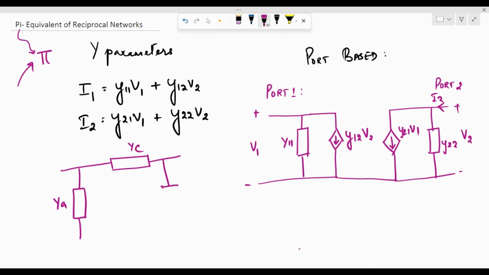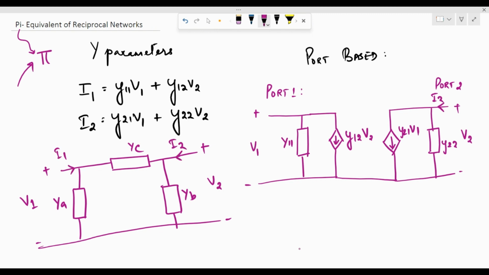And here we are going to have YB, where this is going to be port 1, this is going to be port 2. So this is V2, this is V1. The current entering here is I1 and entering here is I2. So how am I going to write the terms YA, YB and YC in terms of Y11, Y12, Y21 and Y22? So we're going to see that, right?